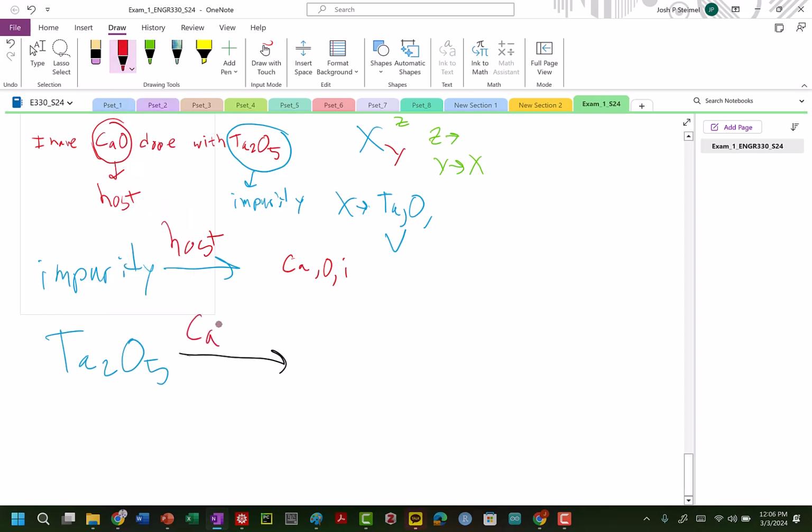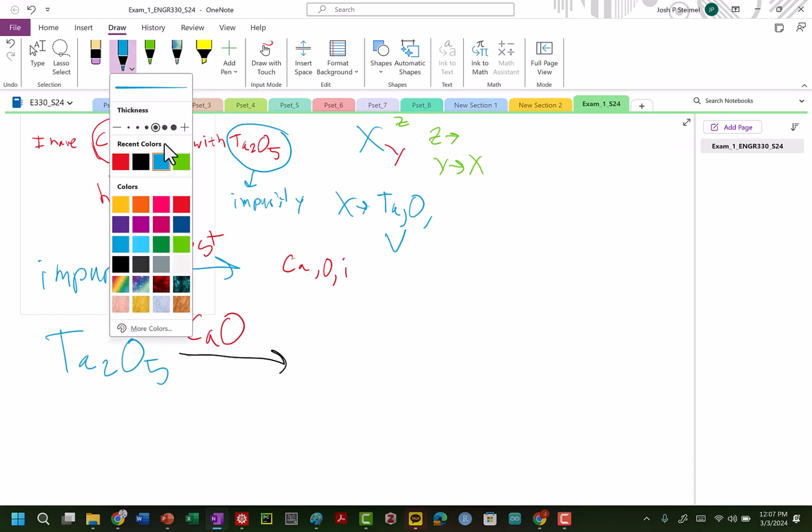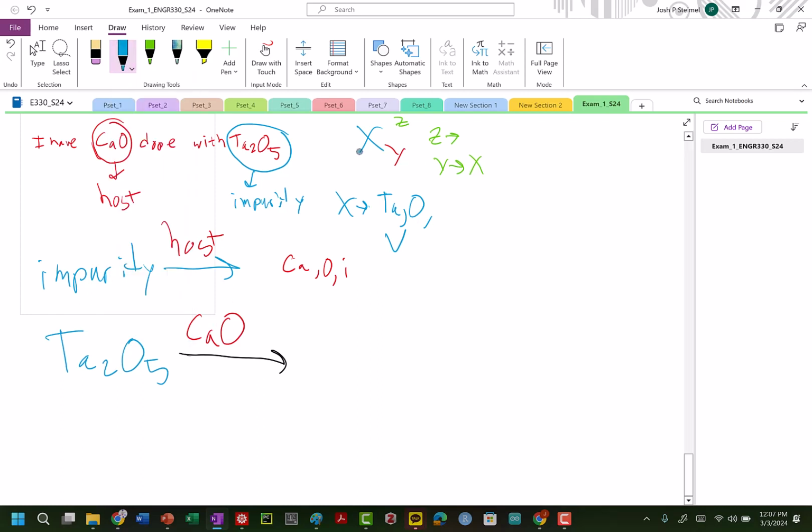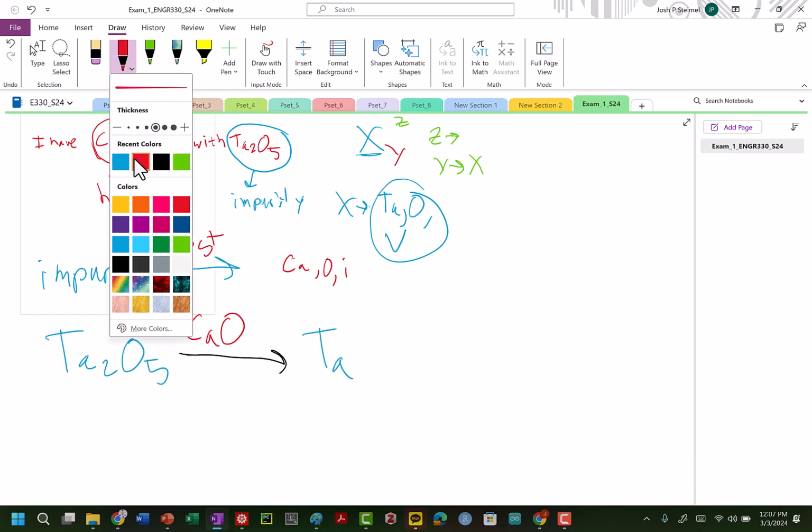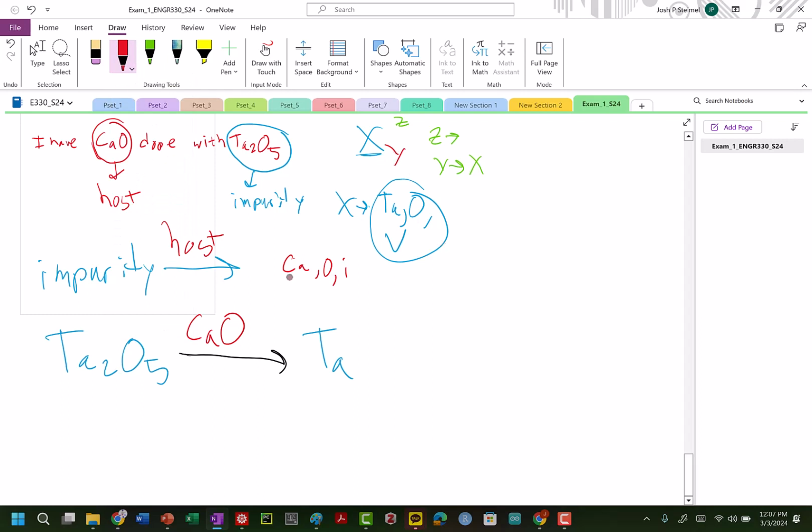Let's say I have to write a cation substitutional. A cation substitutional defect will be putting a cation on my X site. So again, what can exist on my X? Well, the only cation is Ta. I'm substituting a Ta where my other cation should be, which in my red, the only thing that can exist on my Y is Ca.